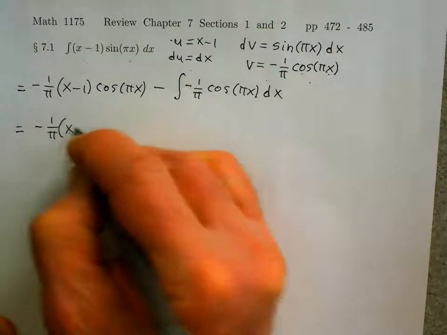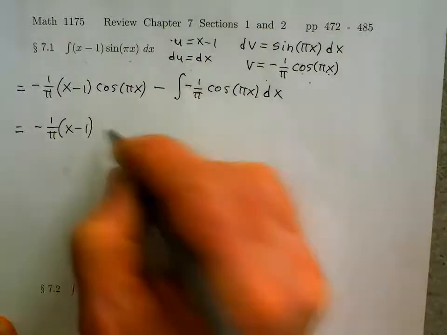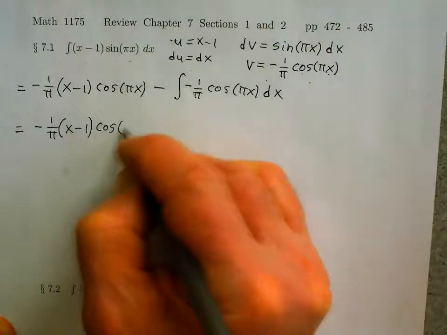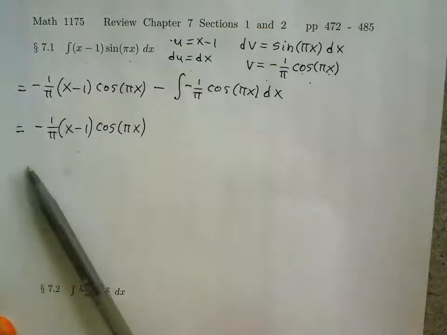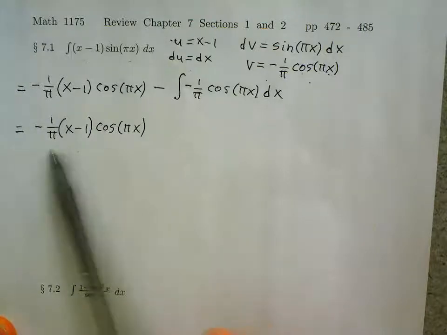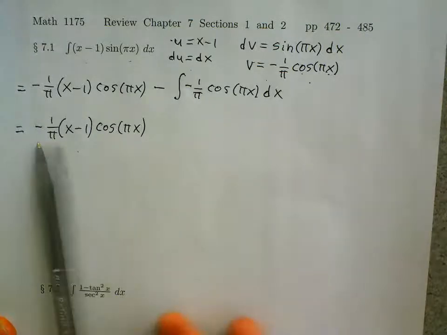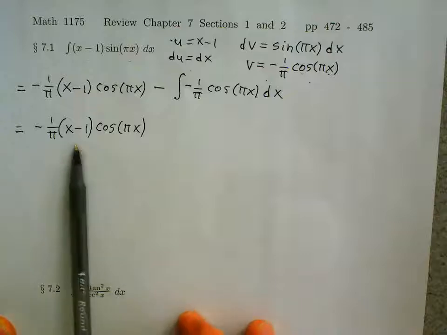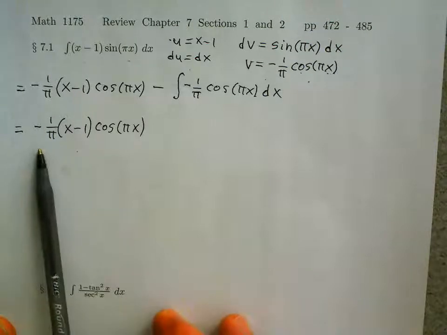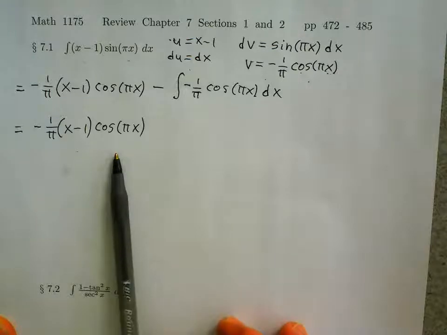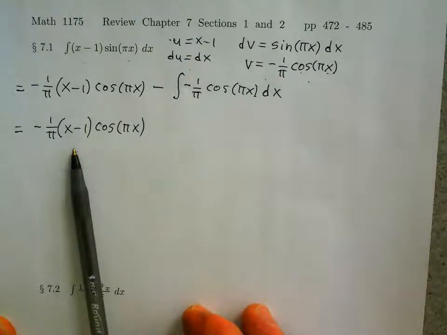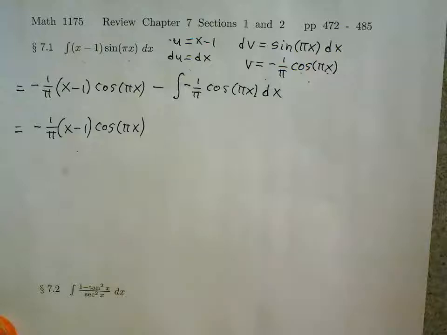So if you get a problem like this on a test, don't worry so much about exhaustive simplification. So we could simplify this on the left more, but this is an okay answer the way it is. Negative 1 over pi times x minus 1 times cosine of pi x.